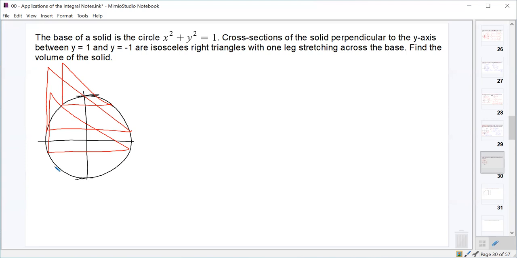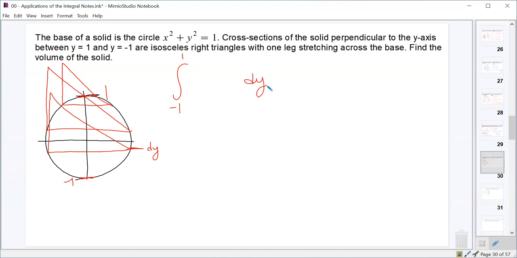Since these are perpendicular to the y-axis, we know that the thickness is dy, which means that when we integrate from -1 to 1, the lowest point, -1, to the highest point, +1, we should be doing this all in terms of y.